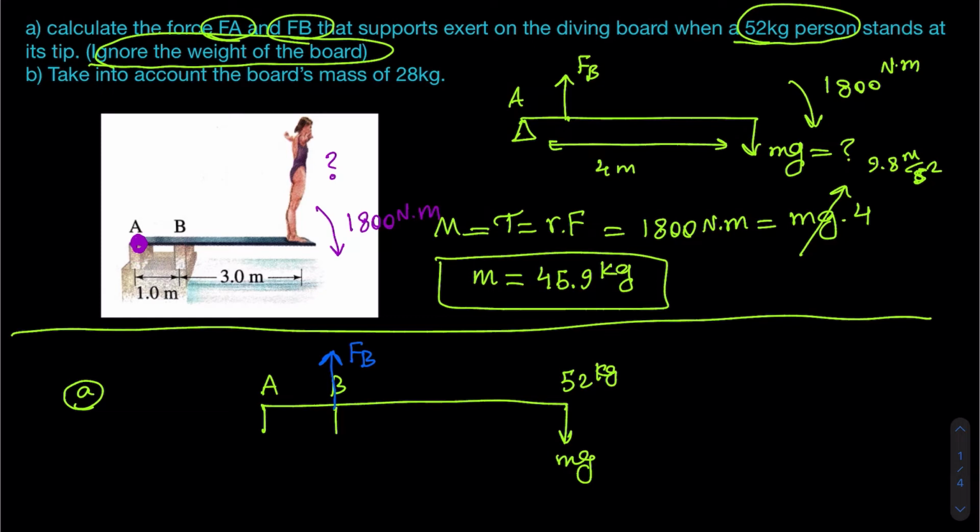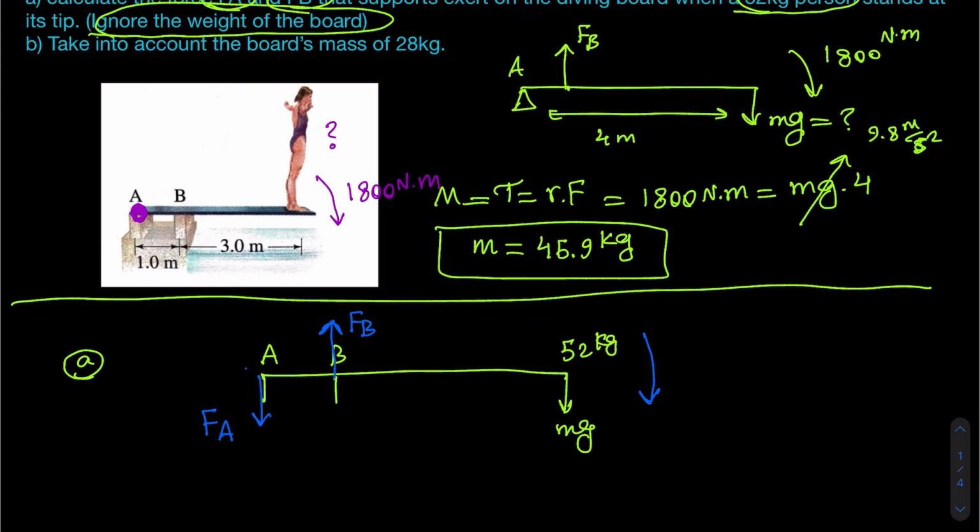But at support A, because this person is making a turning effect with respect to B, if we just imagine B as a fulcrum, the board wants to detach upward. So therefore, support A must keep it down. So this will be FA. This support will keep the board and will act a force on the board towards down.